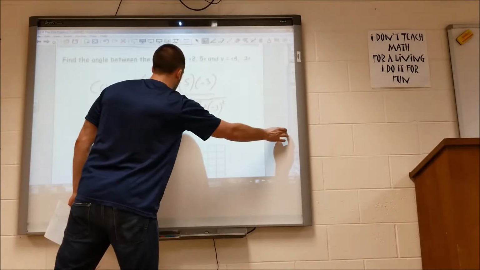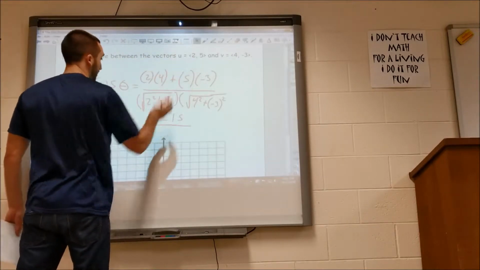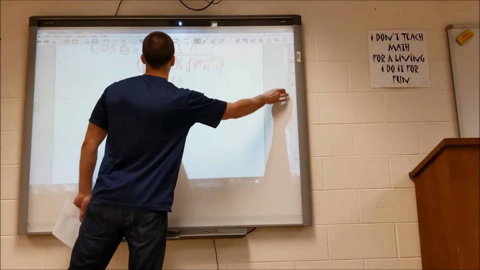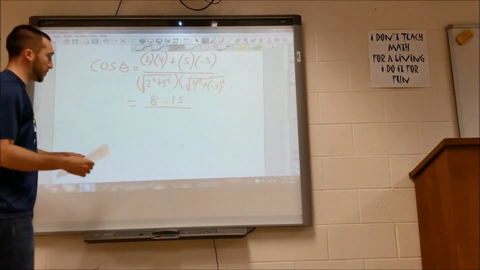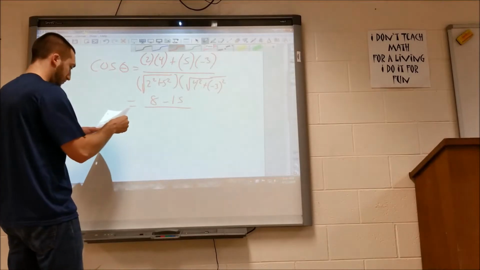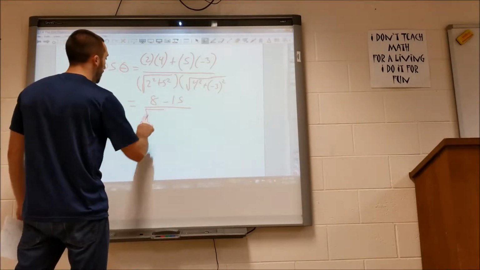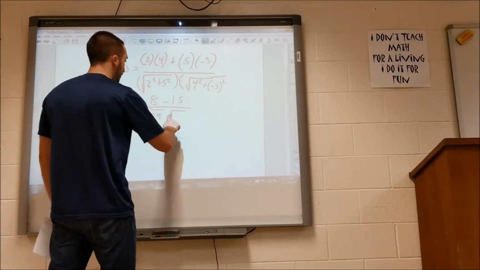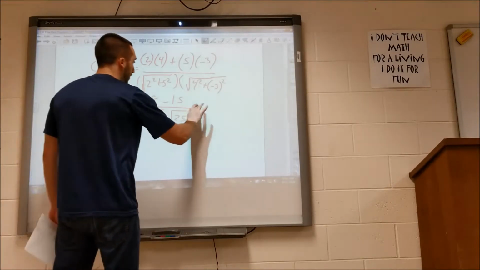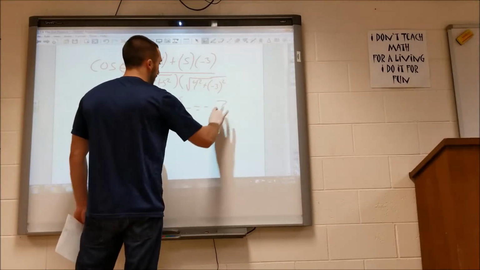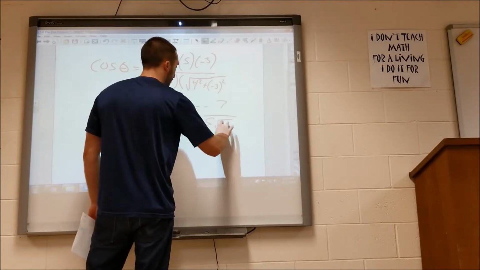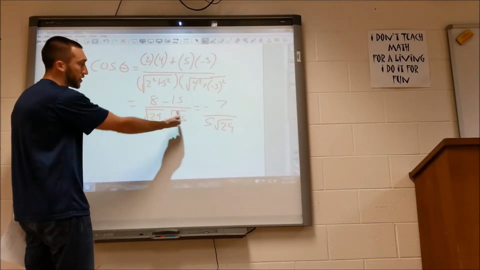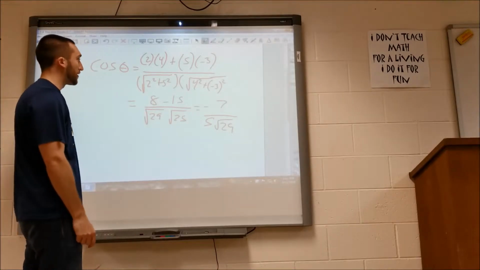Our denominator, and let me move that graph down a little bit, our denominator gives us square root of 29 times the square root of 25. So when we go ahead and solve for this, we get -7 over 5 square root 29. Right? Square root 29 is not going to break down anymore. There's no perfect squares to go into it. And square root 25 is 5.